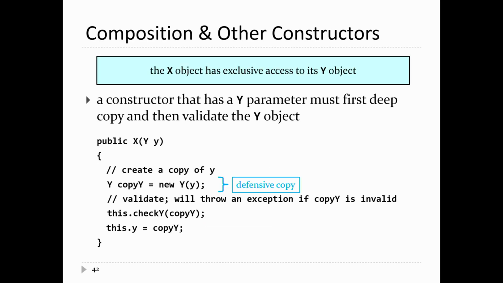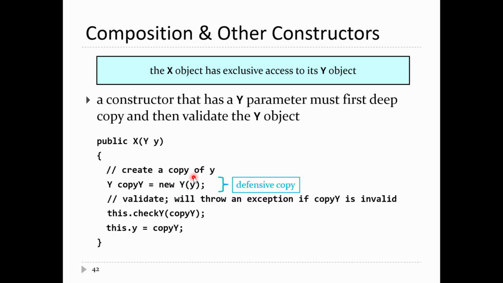Okay, so this is where the defensive copy becomes important. Remember, x has a y object. So if you let the caller pass in a reference to a y object that you want the x object to use, you can't simply write this.y = y. You have to copy the incoming y object first.